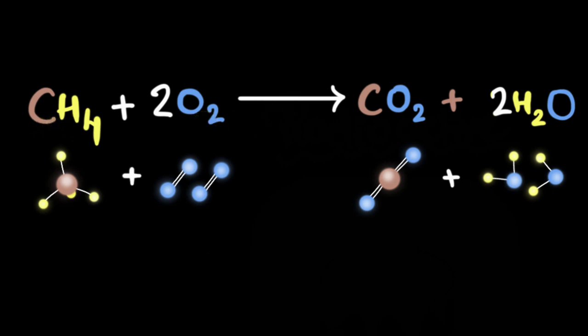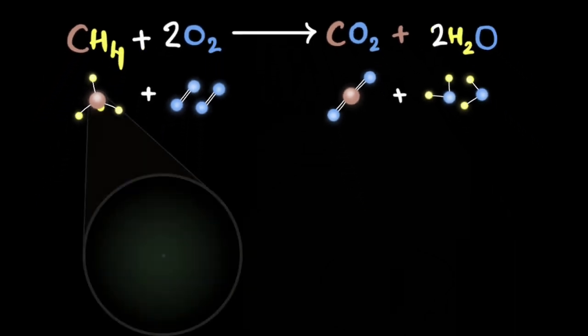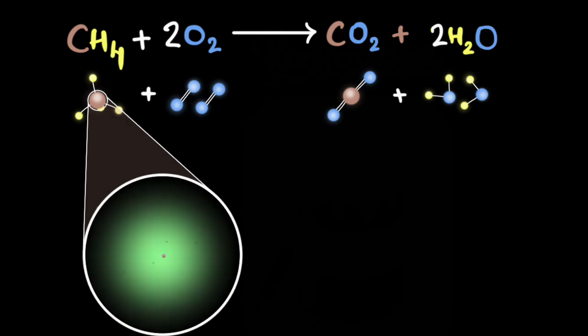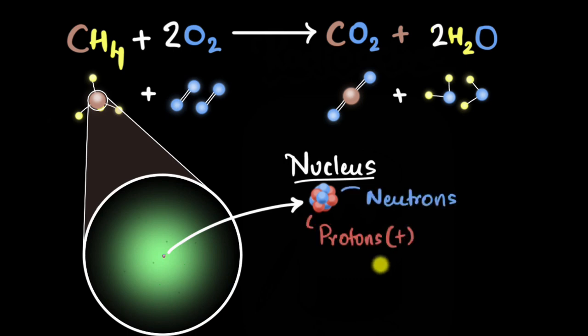Well, to answer that question, we need to dig deeper. Literally. If you were to look inside, say, a carbon atom, you'd probably find electrons zooming around. But if you zoom in to the center, you would get the nucleus of the carbon. And you probably already know the nucleus of an atom contains protons, which are positively charged particles, and neutrons, which are neutral particles.